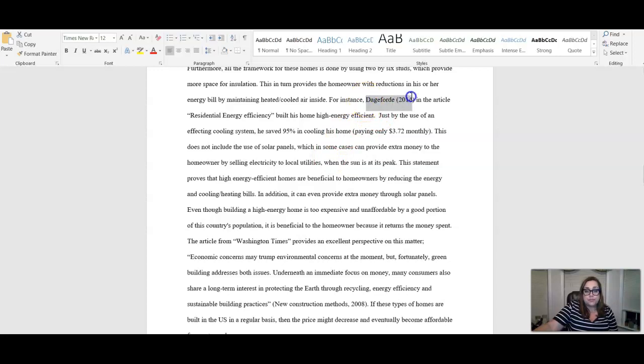Notice here that with APA, and this was true prior to 7th edition and is still true, whenever you mention an author, you have to follow the author's name with the date of publication. One of the things I often say with APA is that it's a very technical form of formatting. They want to show the significance and the relevance of the research, so they like the date to go with the author to show that this was written in this year. In this case, this was written in 2014.